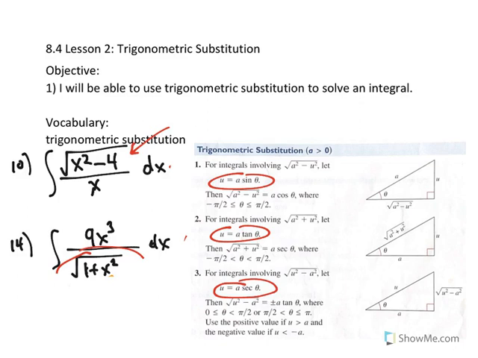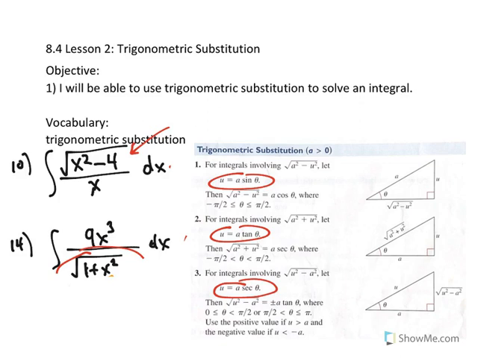And then once you've decided, you proceed with the steps where you use your trigonometric substitution to change variables, and then you're going to eliminate the radical expression by using a Pythagorean identity to rewrite the radicand, and then you will integrate to find an antiderivative in terms of theta, and then you will go back to your original variable of integration by referring to your trig substitution and drawing a right triangle.